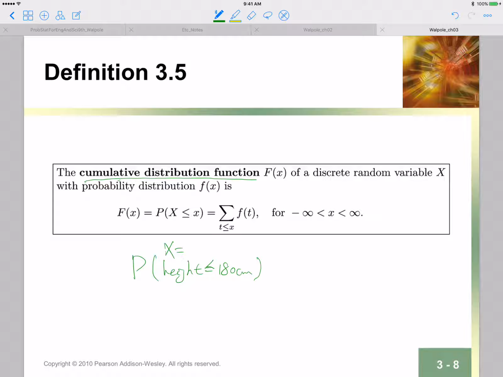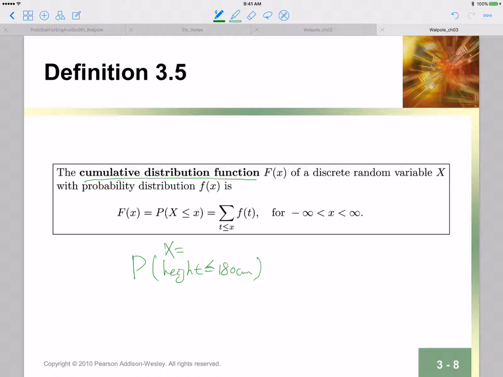So in this case, we are accumulating or summing up all the probability of height being equal to 180 or less than 180. So that is called the cumulative distribution function.